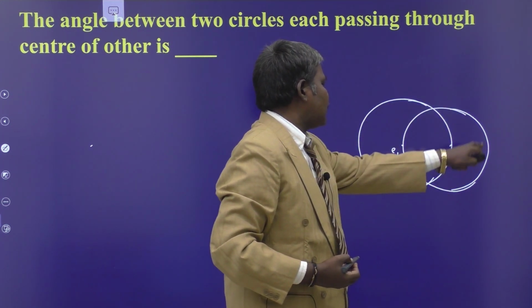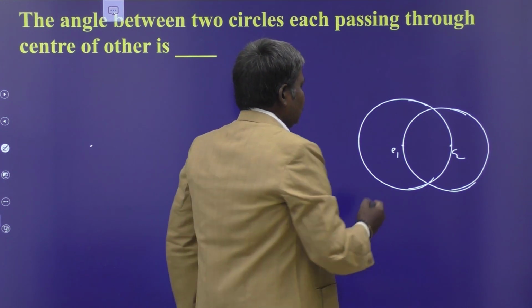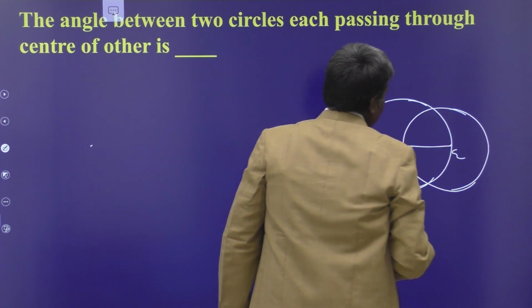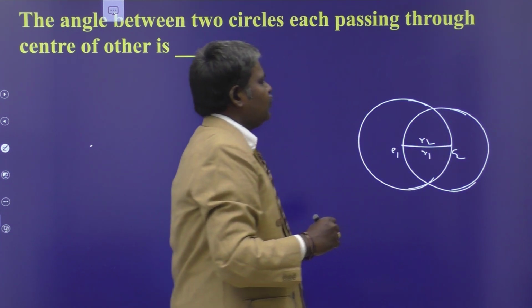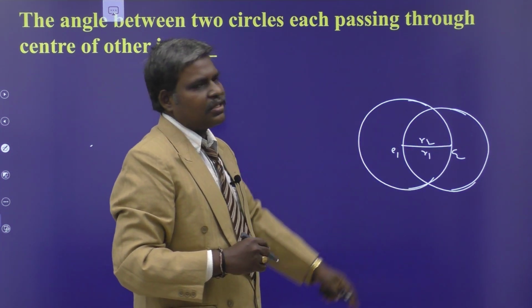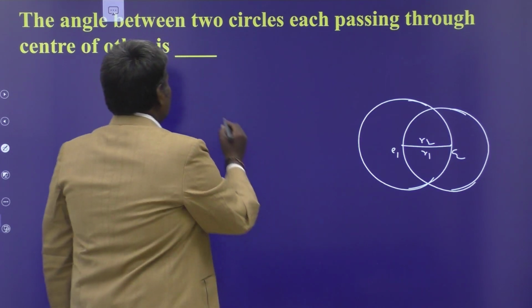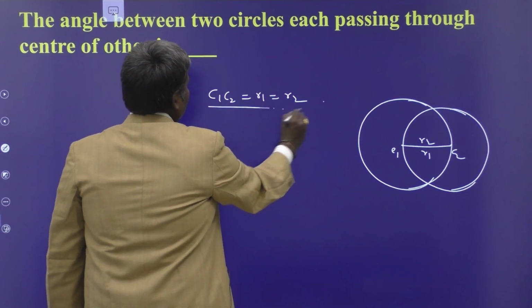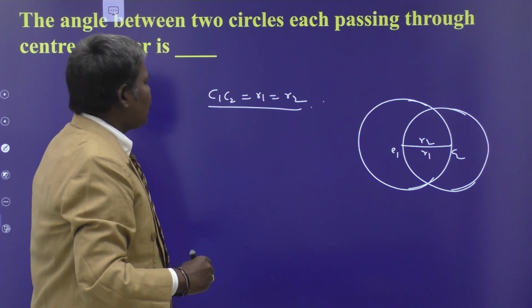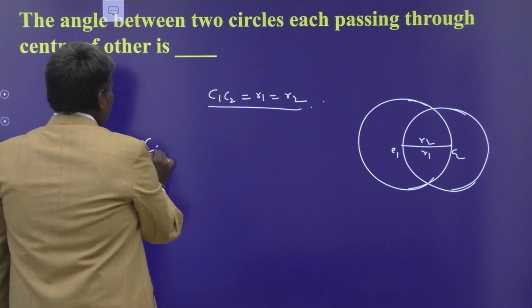This is the second circle passing through the center of the first circle. In this situation, what is the distance from C1 to C2? That is R1 as well as R2. Once you get this thought, your problem is over. So C1C2 is equal to R1 is equal to R2 here. What is the cos theta formula?